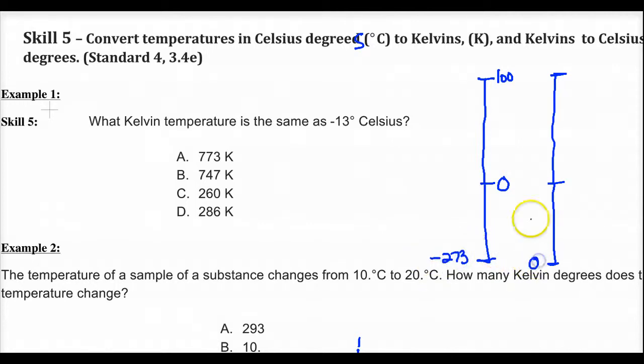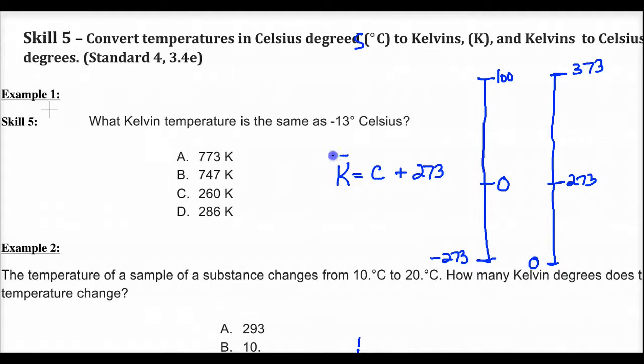He made that 0, borrowed the Celsius scale, put this as 273, and made this 373. And because of that, Kelvin is equal to the Celsius plus the 273 degree difference. He started the Celsius degree system 273 degrees sooner, or before the 0.